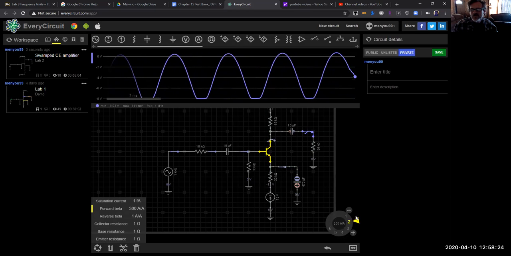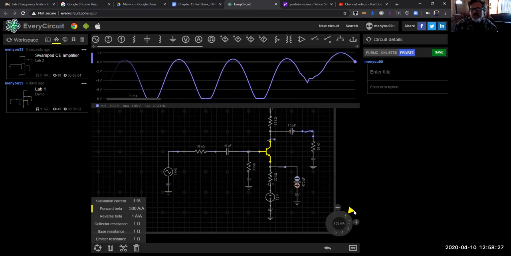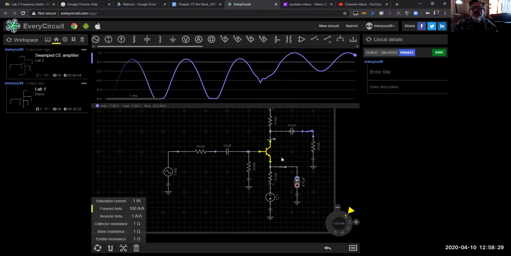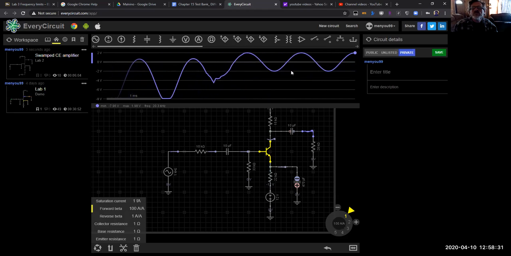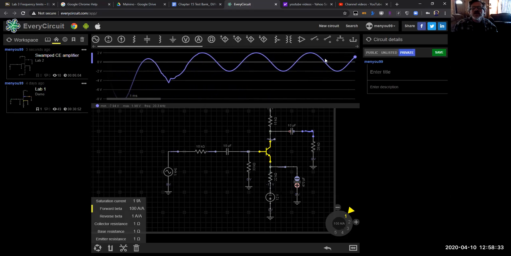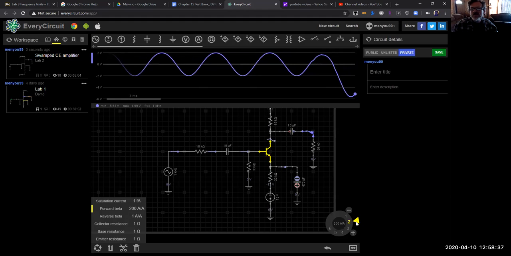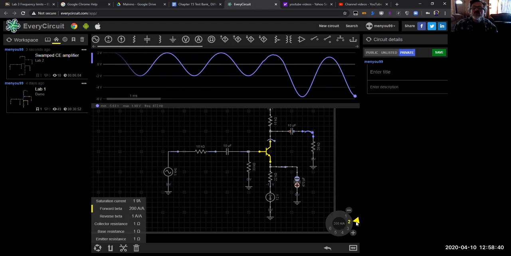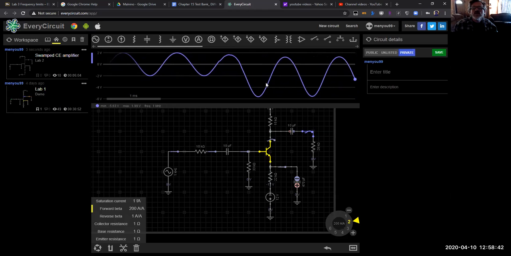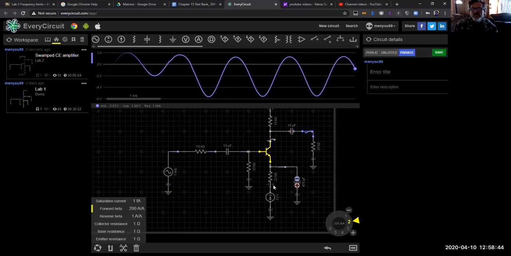But if we bring it back up to 100 here, now we see a much more stable thing. So is this circuit beta dependent? Oh yes, very much so. Look at that. So now we've got basically a negative DC shift.